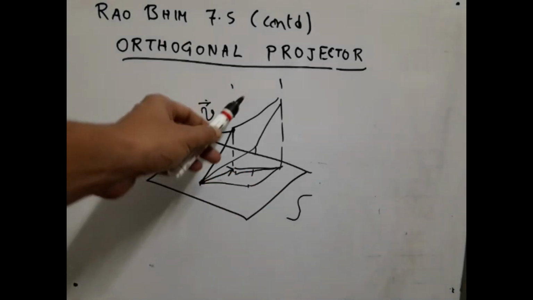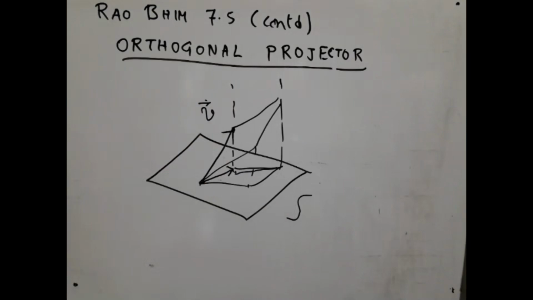So parallelograms cast parallelogram shadows, which means that this orthogonal projection is indeed a linear transformation.